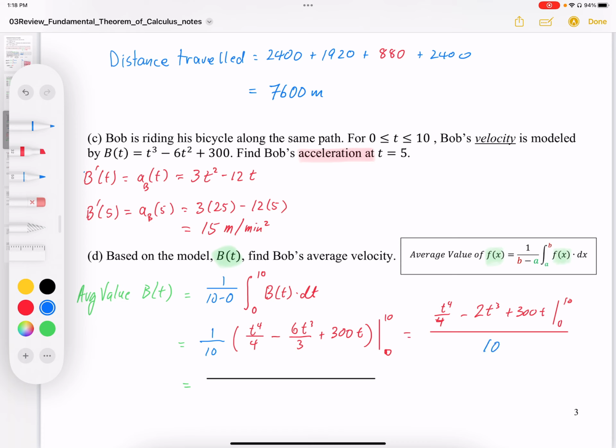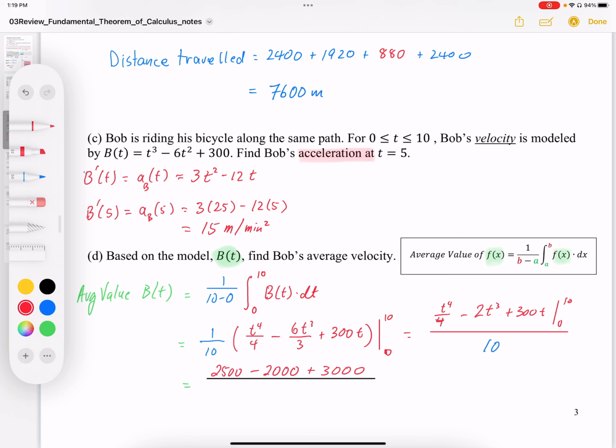Okay, so working out this integral, in the numerator, we're going to end up with 10,000 divided by 4. So t to the power 4 divided by 4 is 2,500, minus t cubed is going to be 1,000. So 2 times 1,000 is minus 2,000, plus 300 times 10 is going to give me 3,000. So this is going to represent the total distance traveled.